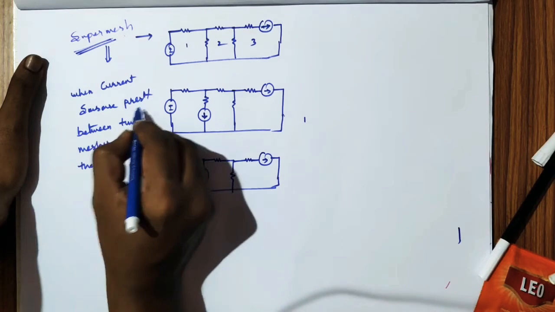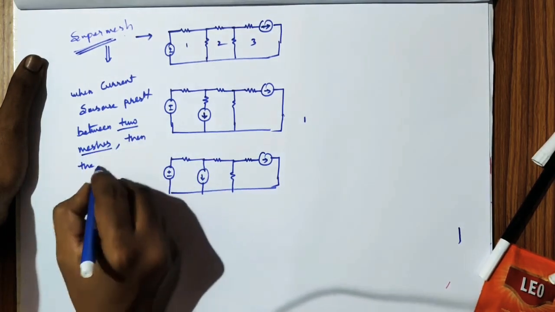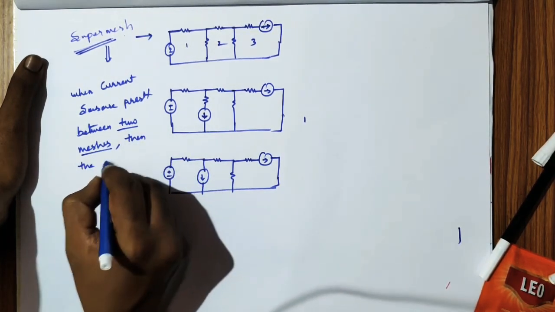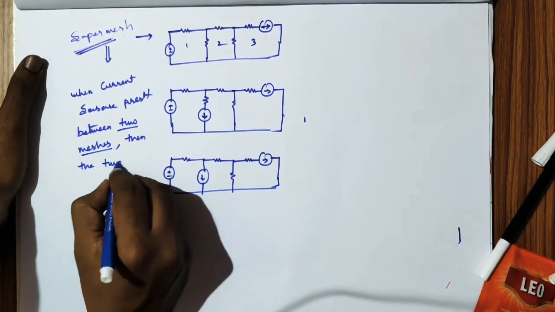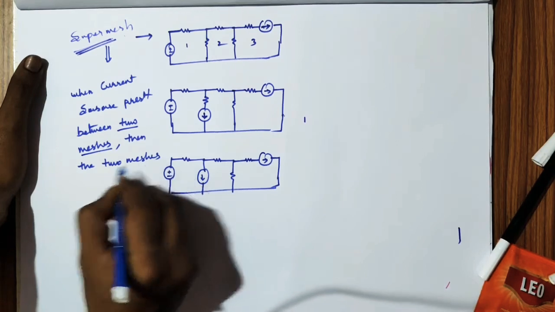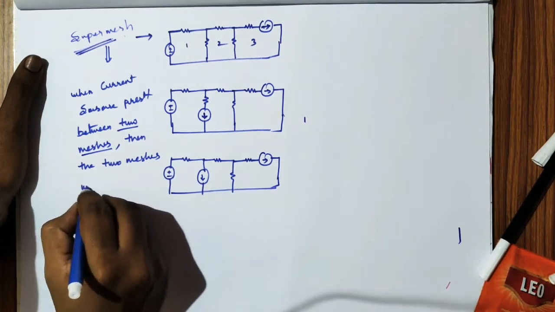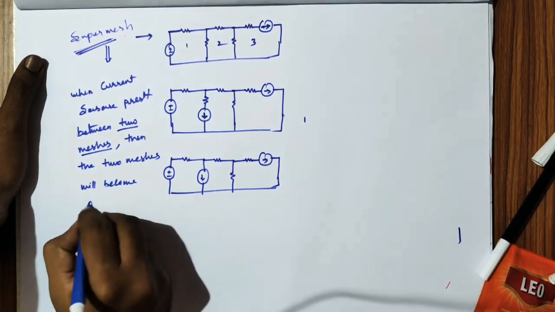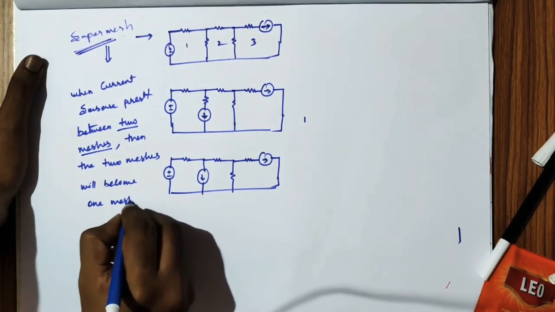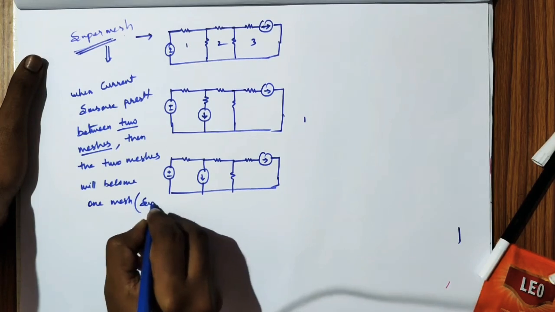When the current source is present between two meshes, then those two meshes will become one mesh, that is, a super mesh.